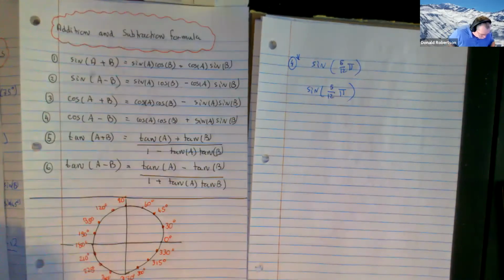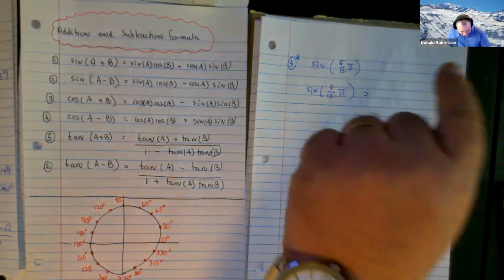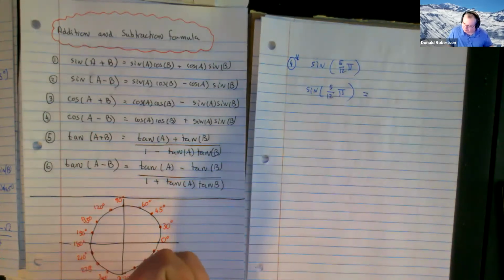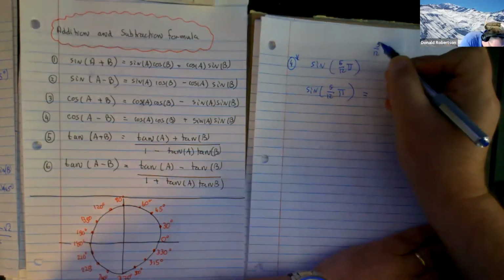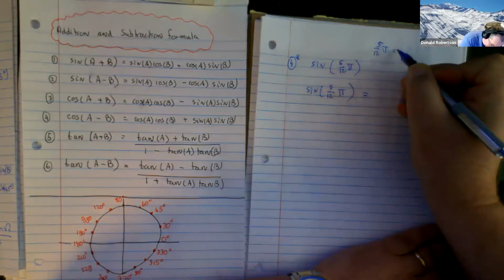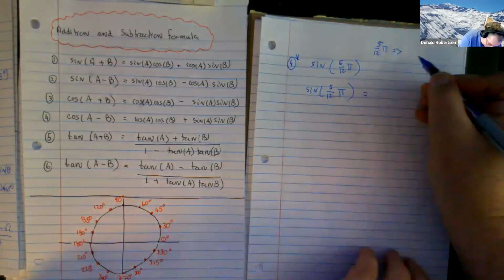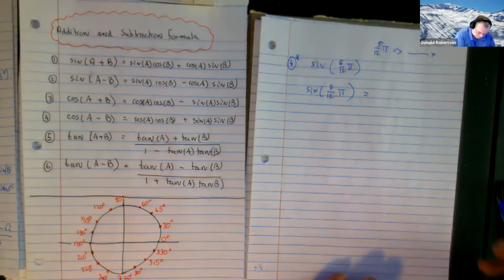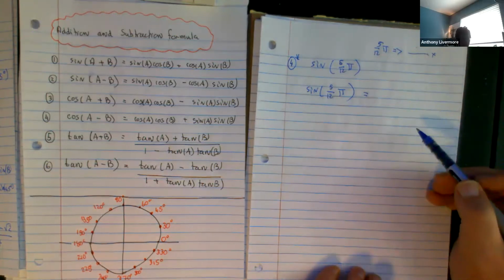So since I don't want to make my life difficult, what I'm going to do is turn this into degrees so I can use a method that I am comfortable with. So we've got an extra step here. Can anybody remember the formula for turning radians into degrees? Something over something times something. Your radian times 180 divided by pi.